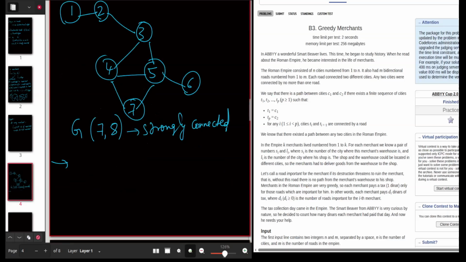Why do I say that? Because, it's not actually strongly connected, it's just connected. If you pick any two nodes, then there always exists a path between those two nodes, as you can see in this graph.